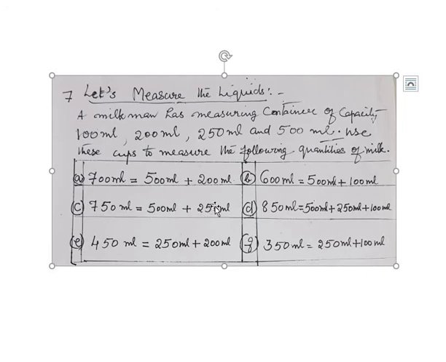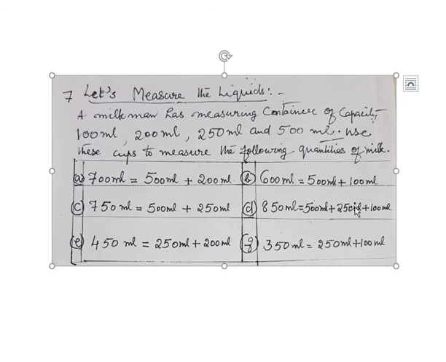So we can use these two cans for measuring 750 ml. Then next one, 850 ml. How will he do it? He can use 500 ml one time, then 250 ml, then 100 ml also.